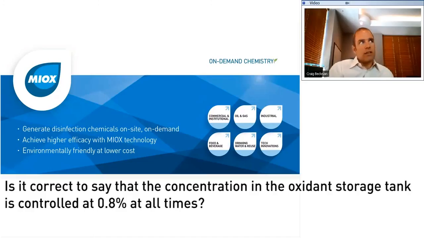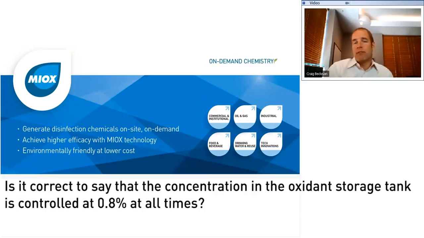And I would say it's very likely that the tank is held at 0.8% as long as it's filled regularly. But if you had a system, for example, that filled the tank on a Monday and no oxidant or very little oxidant was used until Friday, it would not be at 0.8% any longer.